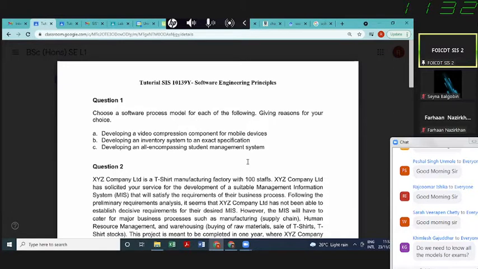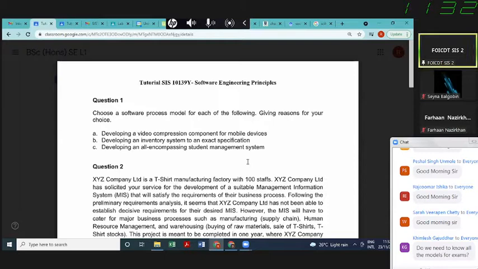We saw yesterday we have 2 types of prototypes: the throwaway prototype and some kind of incremental prototype. What would you suggest? Yes, the incremental prototype, you can use this as well. You give the proper justification. So if I write prototype model, I should write incremental prototype model each time? Exactly.